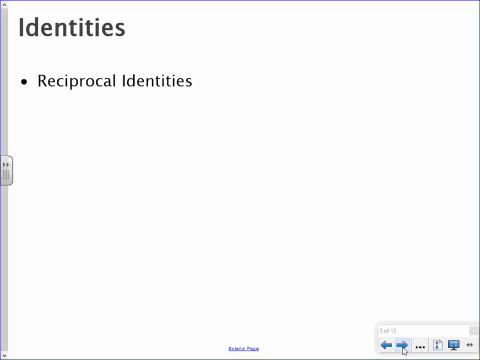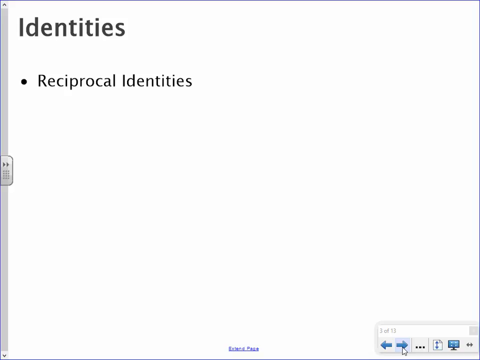What do you think we're going to write up here? Okay, and so secant, what's the reciprocal of secant? Cosine. And what's the reciprocal of cosecant? Sine. And the reciprocal of cotangent? Tangent.